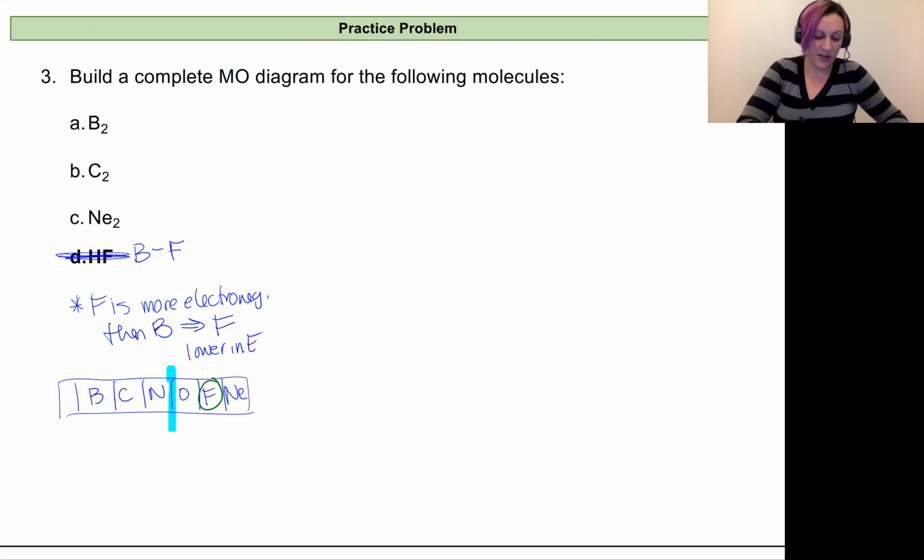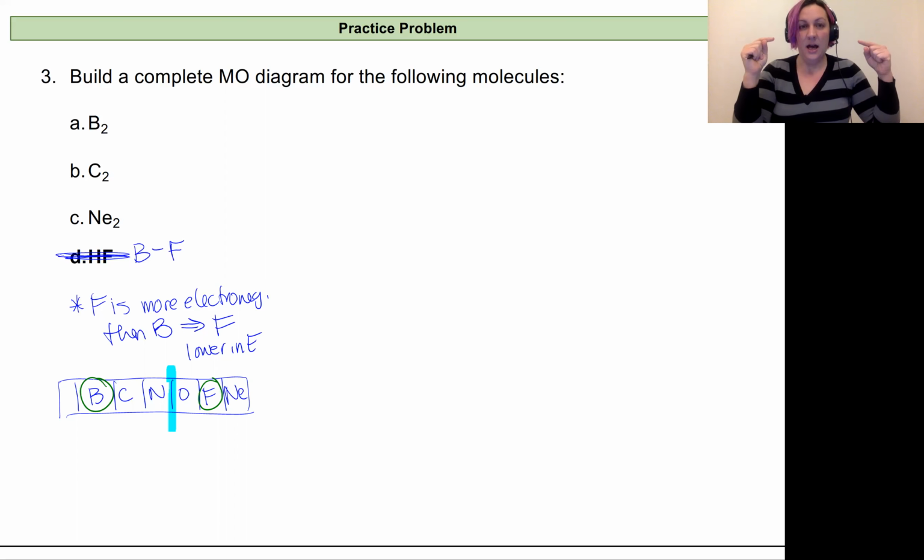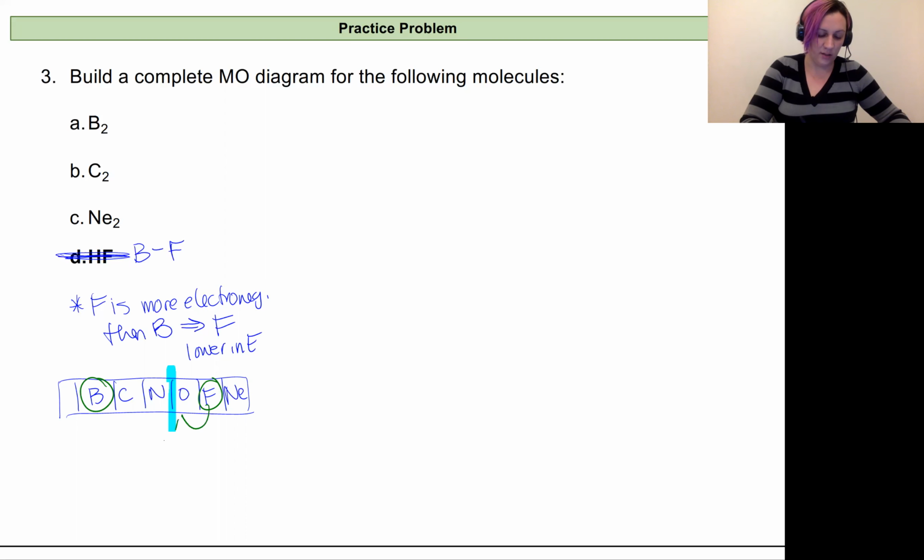If we're going to be combining fluorine and boron, we want to see what is the element that's in between those two directly, and we'll follow the rules for that one. So I can go 1, 2, and I'm at nitrogen. Nitrogen is right in between boron and fluorine. So that means I'm going to follow the sigma and pi energy levels that I would for nitrogen.